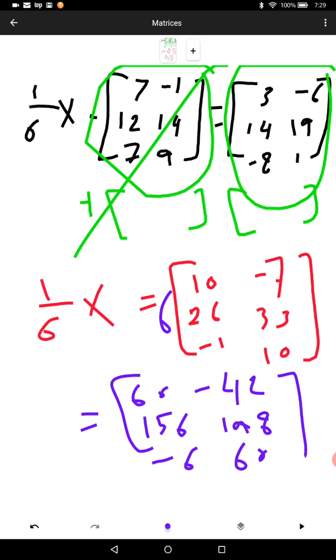This is your new matrix. So x, the value of this matrix, equals 60, negative 42, 156, 198, negative 6, and 60.